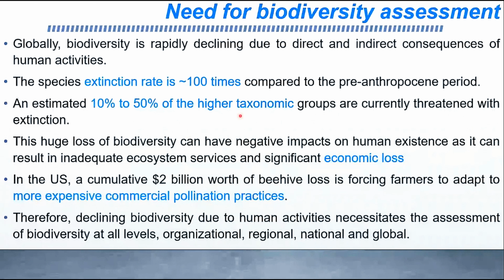And especially the higher taxonomic groups like mammals, leopards, tigers, or amphibians, reptiles, they are the most affected, especially amphibians. If you look at amphibians, they are the most sensitive aquatic group, and whatever we do to their habitat results in their death or in crippling of those organisms. And this in turn has resulted in inadequate ecosystem services.